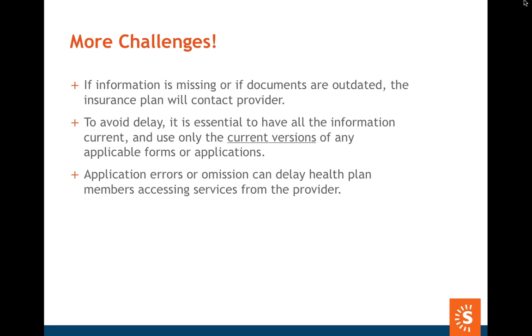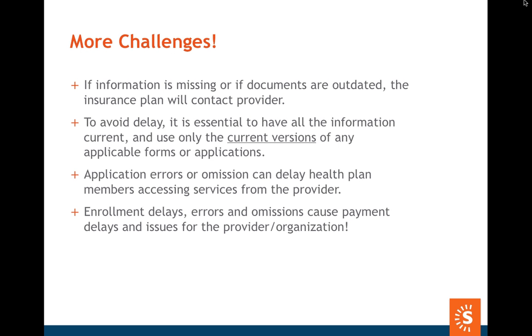Again, any errors or omissions in an application can delay the health plan members actually accessing services from the provider as well, because that provider wouldn't necessarily be in the system yet. So errors and omissions can actually affect the plan members as well.